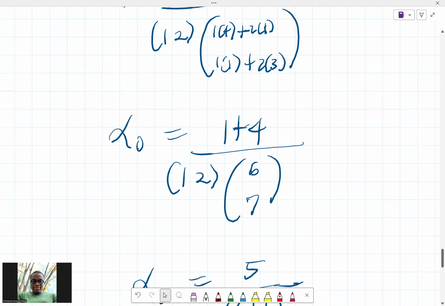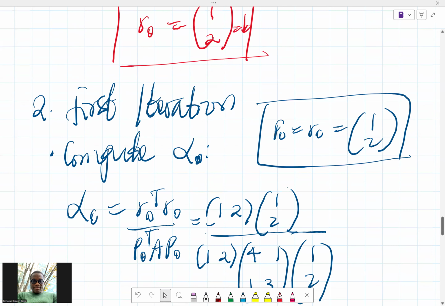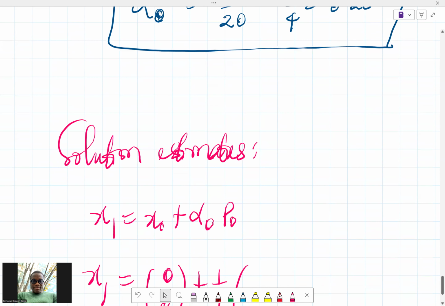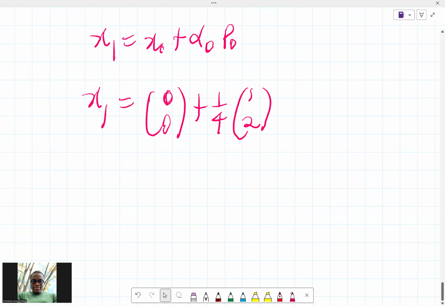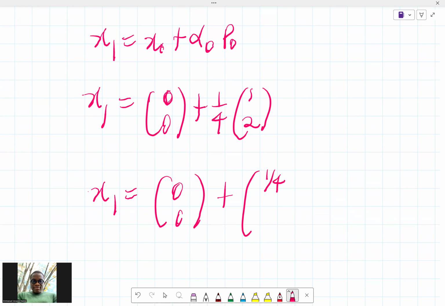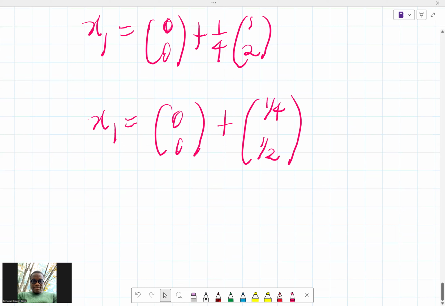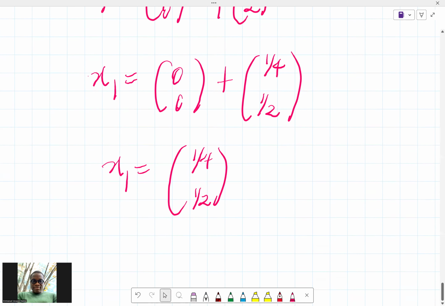P naught is 1, 2. So let me see if I can preserve the fractions. So this is 0, 0 plus 1 over 4, then 1 over 2. I think that makes sense. So x1 now is equal to 1 over 4, 1 over 2, like that. So that is our x1.